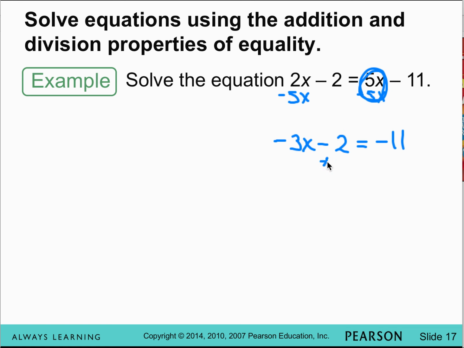Since I have a minus 2, I need to do a plus 2. That makes this 0. So negative 3x plus 0, and negative 11 plus 2 is negative 9. Now undo whatever's being multiplied to the variable. So I'm going to divide by negative 3. So x equals positive 3.